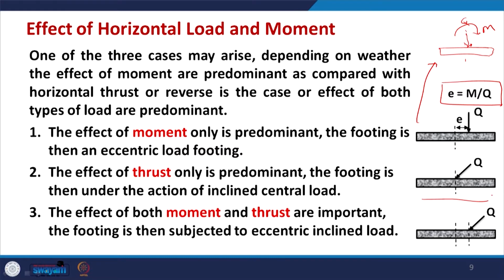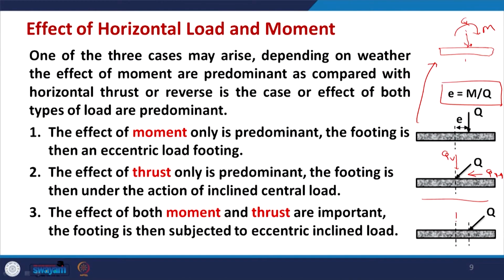There may be two components of this load, one is the vertical component QV and another component QH. So this will be equivalent to two components. That means this condition deals with a situation where, in addition to vertical load, a horizontal thrust is also acting. So, this is the second case, when horizontal thrust is acting.